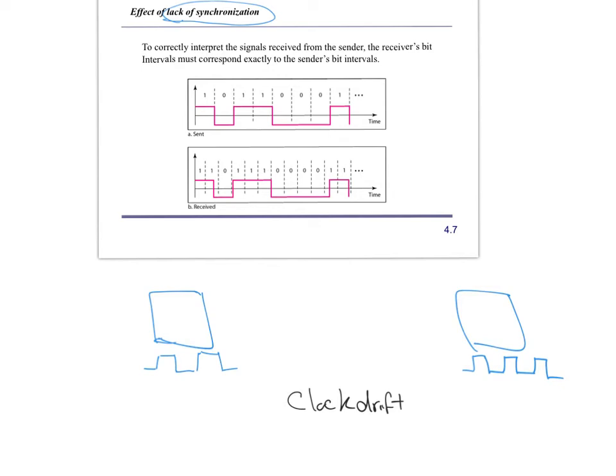So these two nodes, let it be any two nodes in the network, switch and router, source and destination, whatever.